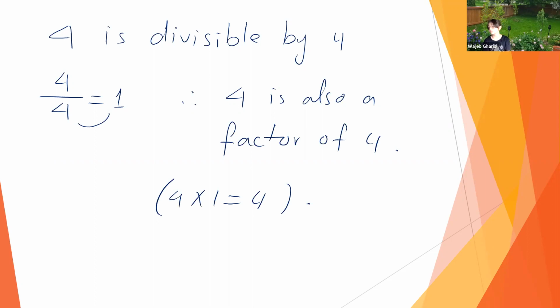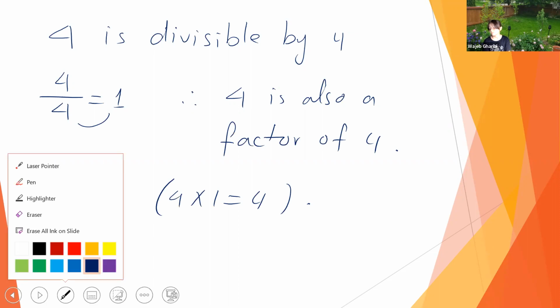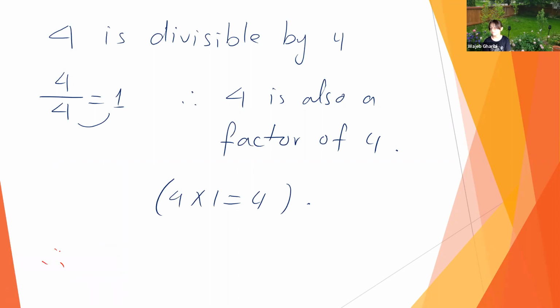Therefore, factors of 4 are 1, 2, 3, and 4. No, no, it's not. Sorry. So 1, 2, and 4. Why?